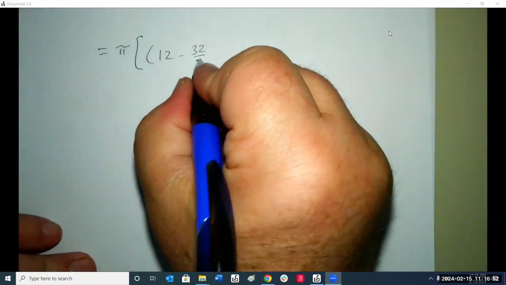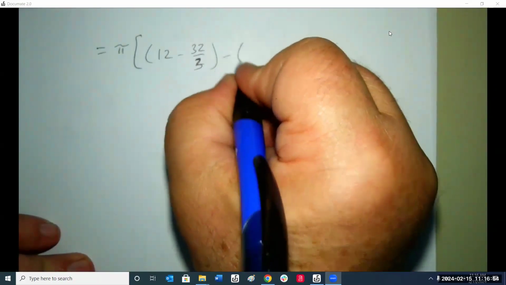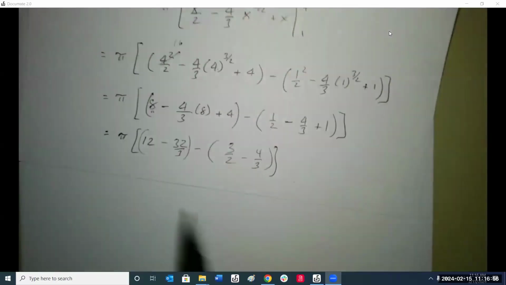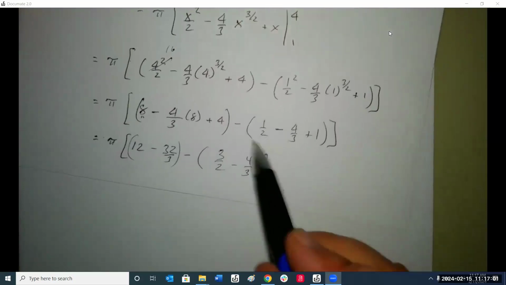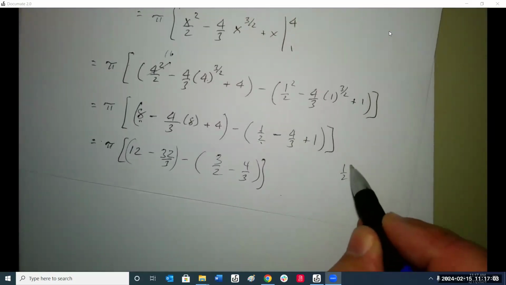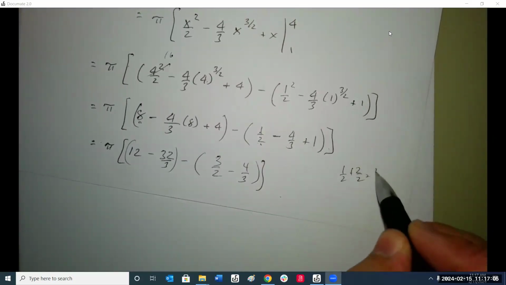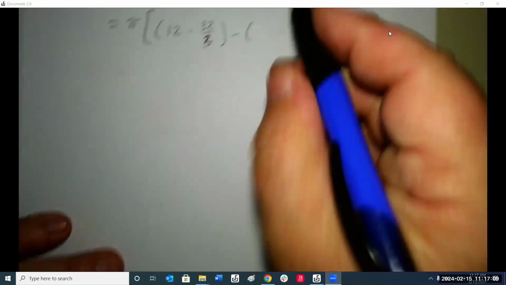Not 33. 12 minus 32 over 3. And 3 over 2, that is 1 over 2 plus 2 over 2 is 3 over 2. 3 over 2 minus 4/3.